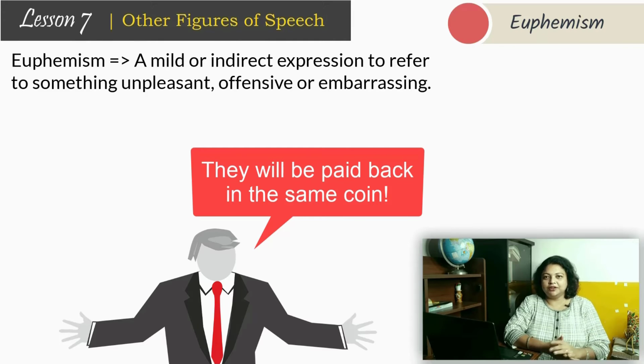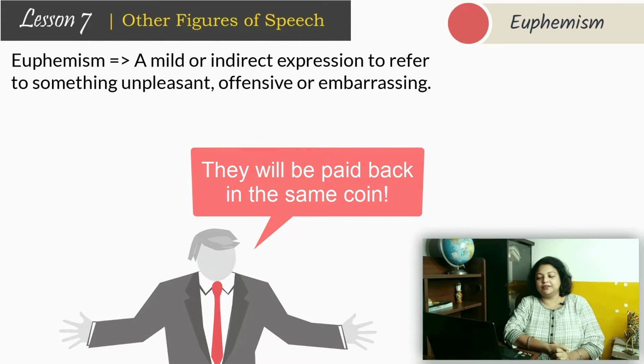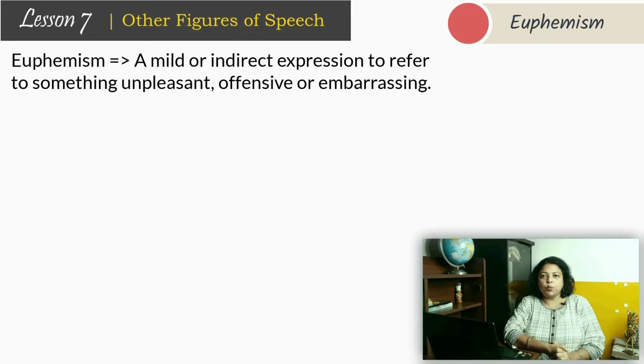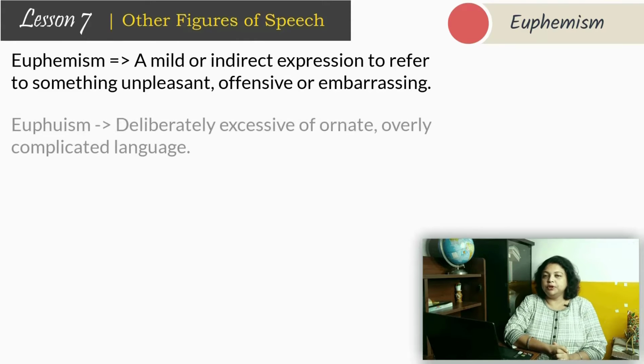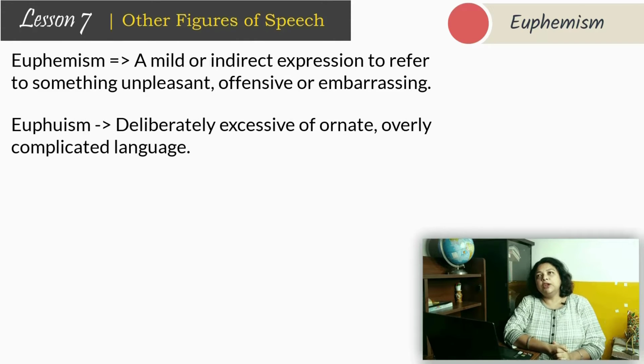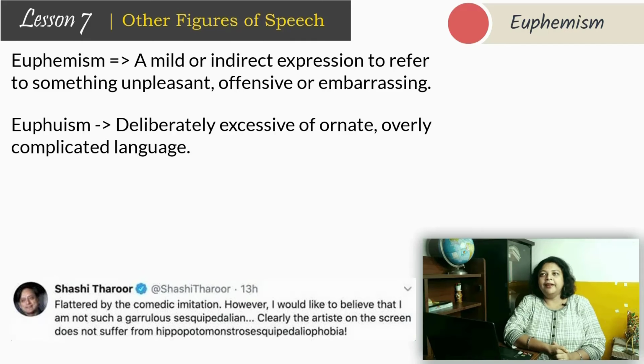They love to hear that person, nice orator. Now people confuse this word euphemism with euphuism. Euphuism is something else. Euphuism is when you use unnecessarily stylized writing. You use a lot of Latinized words and bombastic words, be like Shashi Tharoor, if you know what I mean.